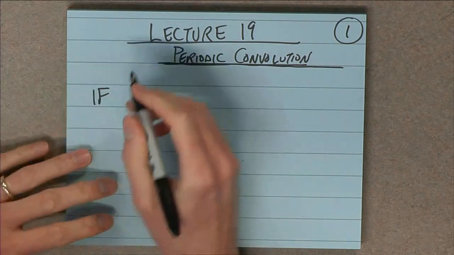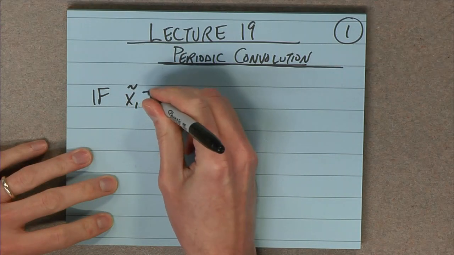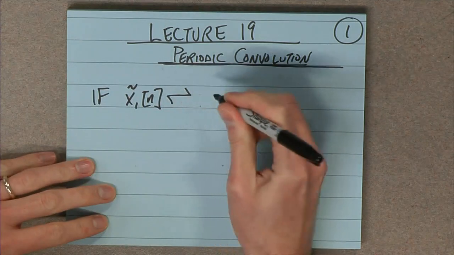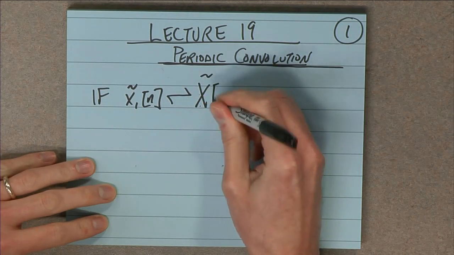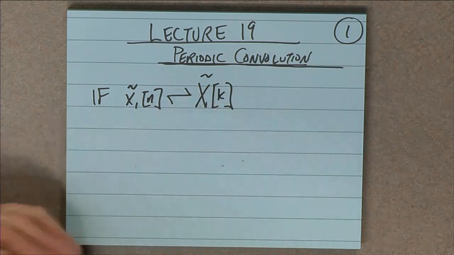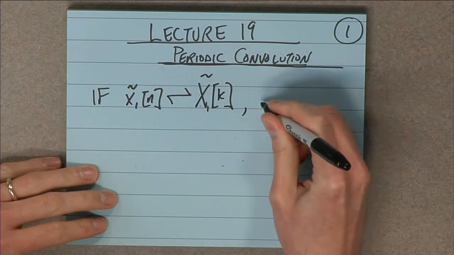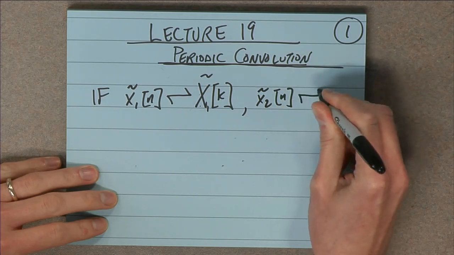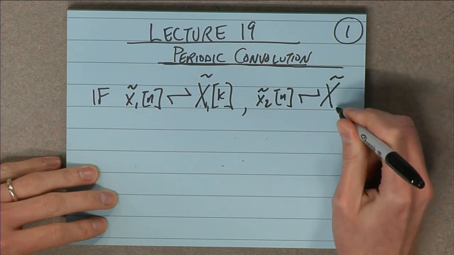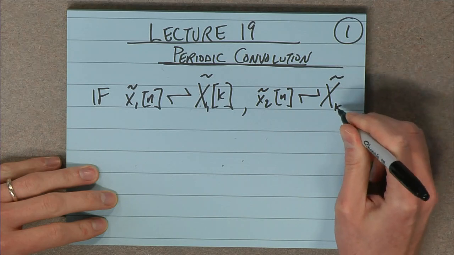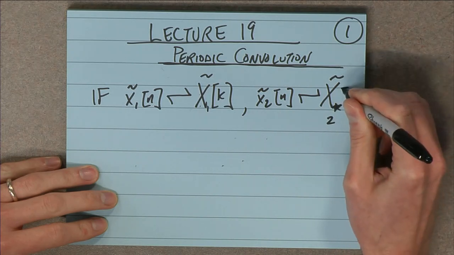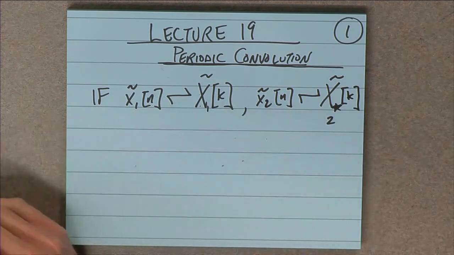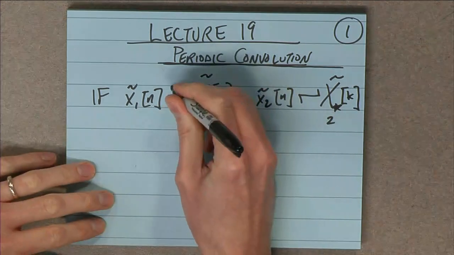So with that in mind, we're talking about periodic sequences for now. If we've got two periodic sequences, we'll call them x1 and x2, we've got two periodic sequences and two discrete Fourier series.